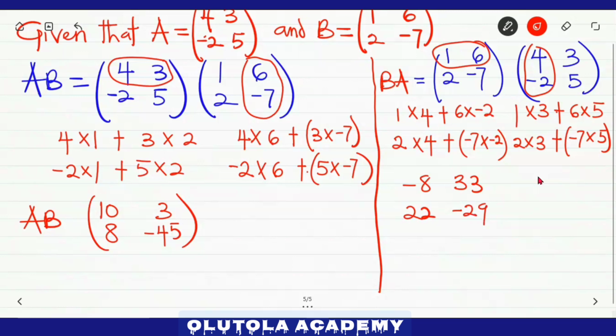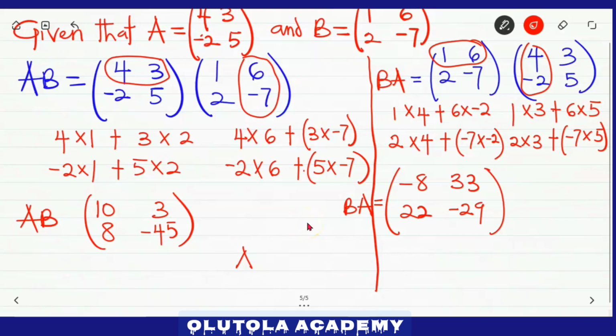So this is BA now. As we can see, AB is not equal to BA. So we call this non-commutativity of two matrices. So that does it for this one.